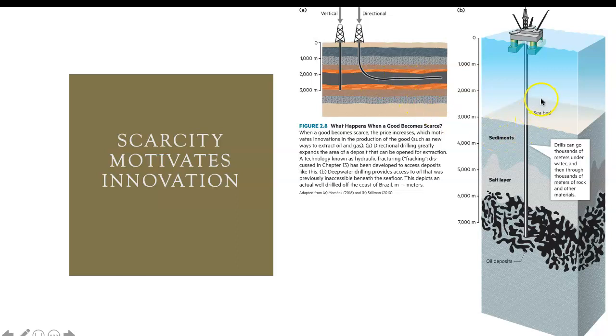And then deep water offshore drilling was invented, which has allowed us to explore more of the reserves under the ocean. You can see how deep it is, 7,000 meters. That is 7 kilometers. So when the oil is spilled, when a big accident happens to this structure, you can imagine how disastrous it will be.